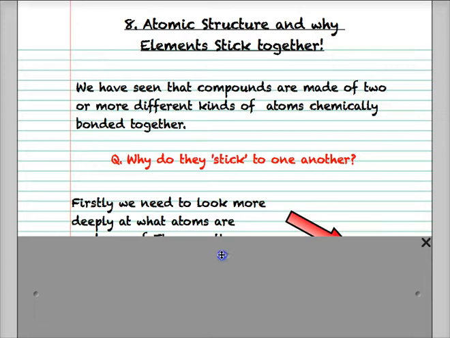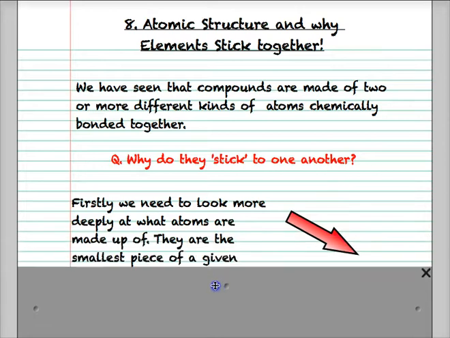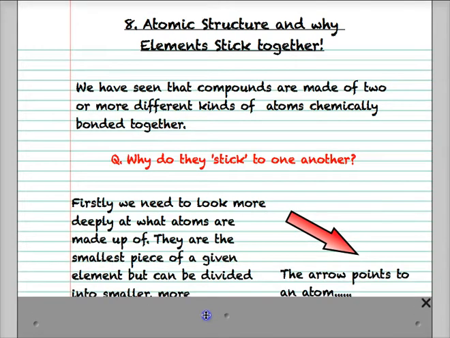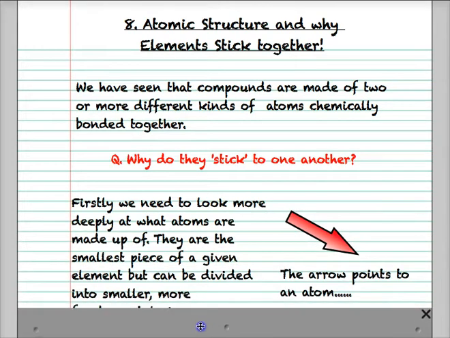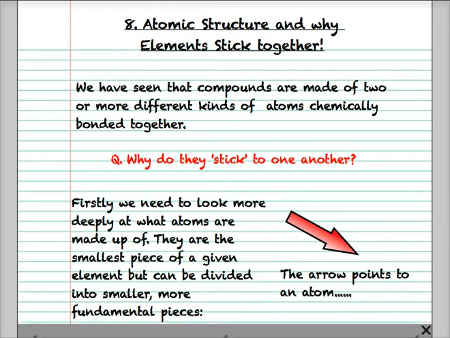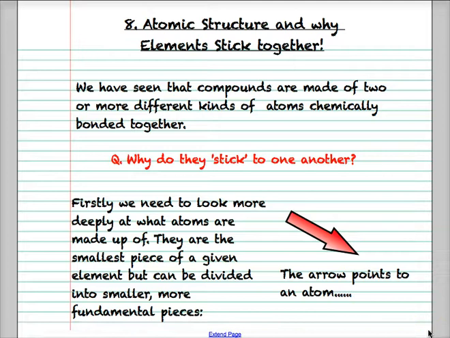We need to look more deeply at what atoms are made of. They're the smallest piece of a given element, but they can be divided into smaller, more fundamental pieces. So let's have a very, very close look at an atom. This arrow here is pointing at an atom, which you can't see because it's too small.